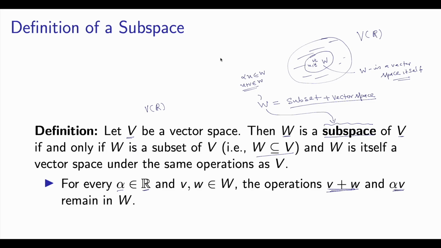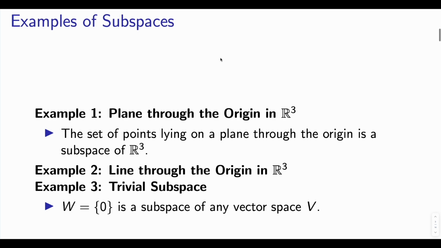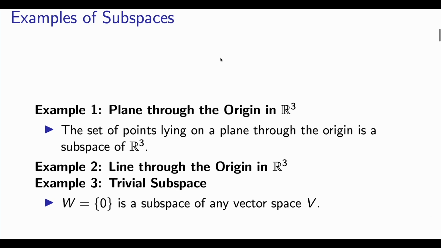So let us see some examples of subspaces. For example, a plane through the origin. A very quick check for any vector subspace: as you know already, you have to check two properties, closure and whether it is a subset or not. A very immediate quick check is to see whether the zero vector belongs to W or not.